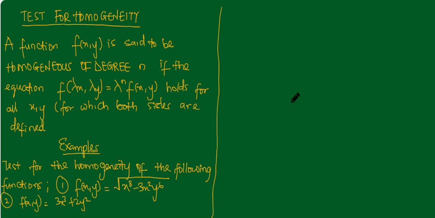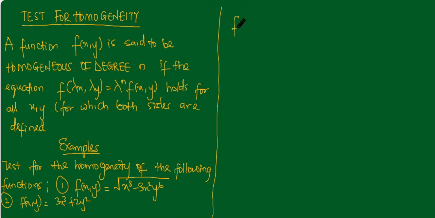So to show this, let's take a look at the homogeneity of the following functions. For the first one, we are asked to test for the homogeneity of f(x, y) is equal to the square root of x raised to power 8 minus 3x squared y raised to power 6.